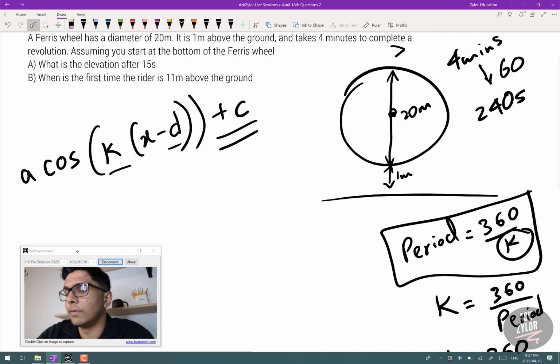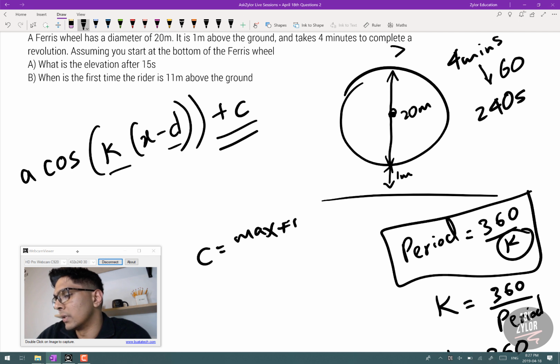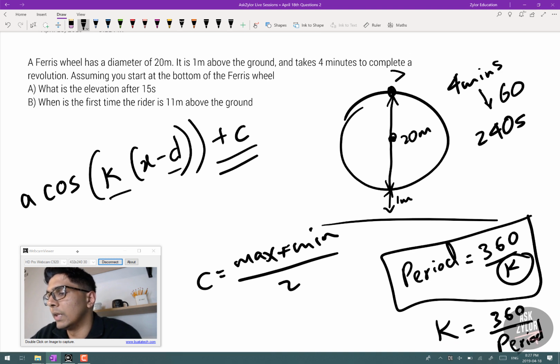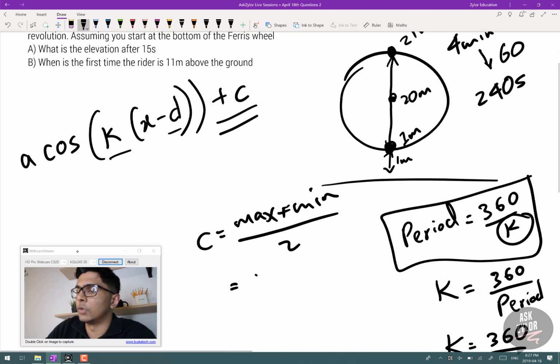Okay, so my c value I can obtain by doing (max plus min) divided by 2. So what's your maximum point? The maximum point is the highest point on this Ferris wheel, which is 20 plus 1 meter, so this is 21. Your minimum point is just 1 meter above the ground. So max is 21 plus min is just 1.